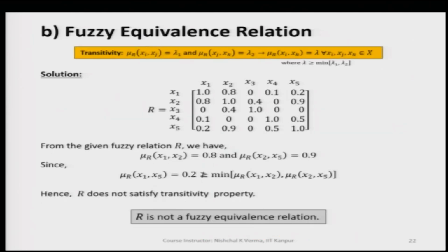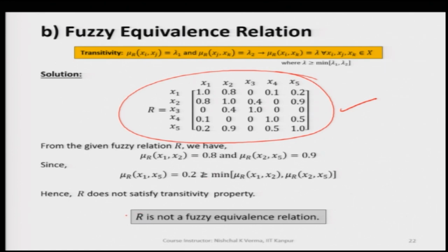So, when we take the R here and check for the transitivity condition, transitivity says that if mu R of x_i x_j is equal to lambda 1 and mu R x_j x_k is equal to lambda 2, then mu R of x_i x_k, say lambda, should always be greater than or equal to the mean of lambda 1 and lambda 2.